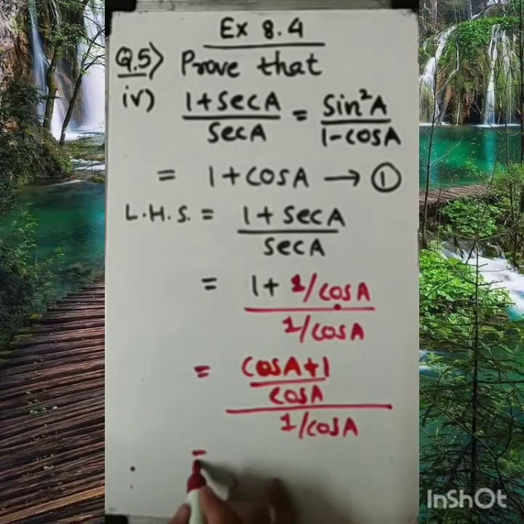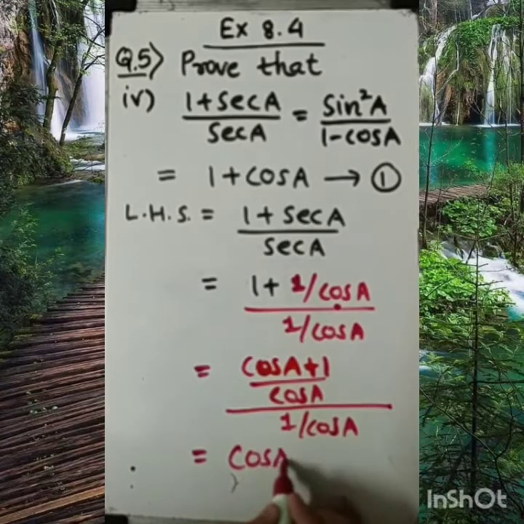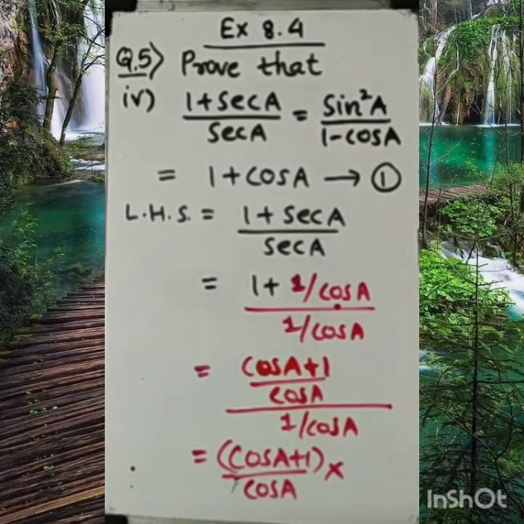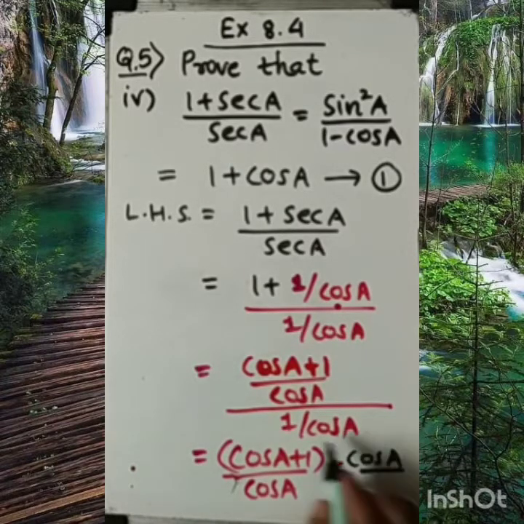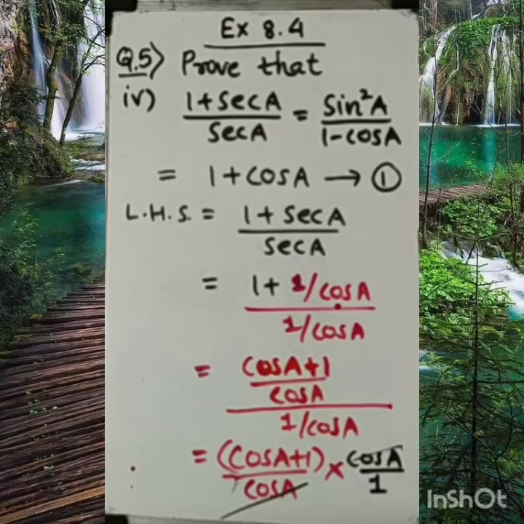Now next step, here cos A plus 1 in the numerator upon cos A, multiplied by, dear student, you know very well the denominator will become the numerator. So cos A will be the numerator and this is 1. Of course this will be cancelled. Okay, but as I taught you, no need to cancel this way. Instead of cancelling, you need to write cos A upon cos A, then it will be better. Clear to you? So next step I am teaching you what to do.